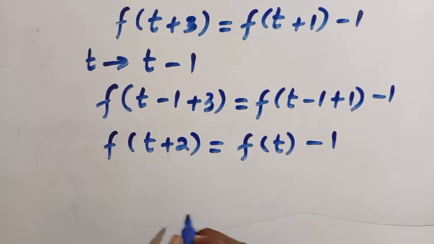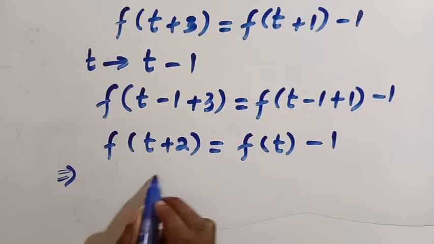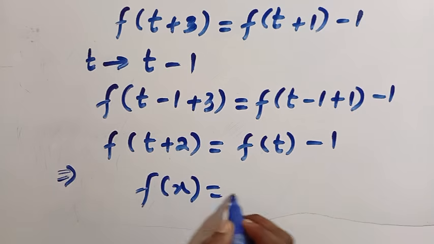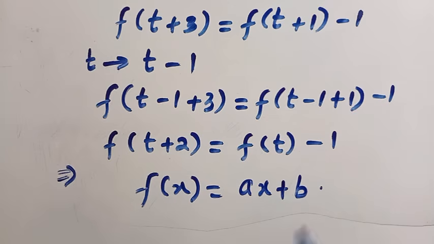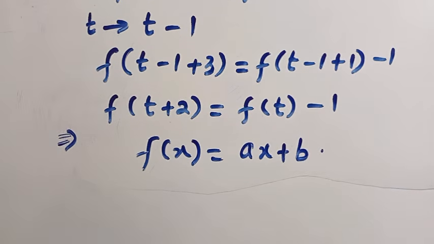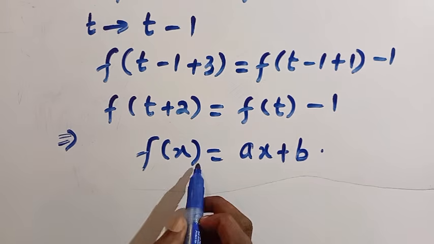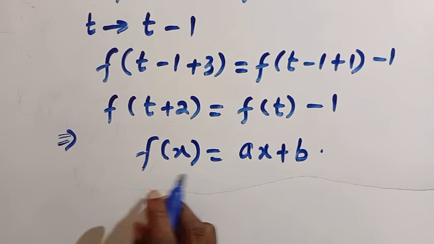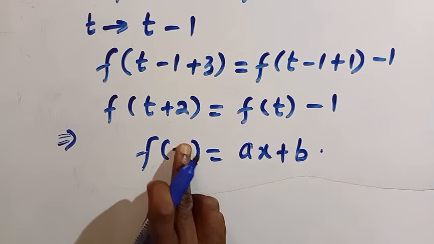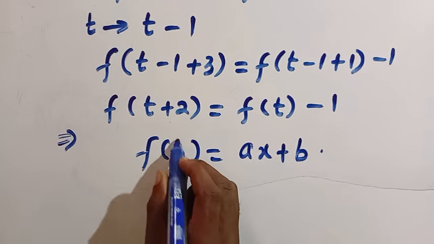With this, we get the function as linear, which shows that f of x equals ax plus b, being a linear function. Then we plug in f of t plus 2 here, and we also plug in f of t here. To avoid confusion, we apply this as f of t.